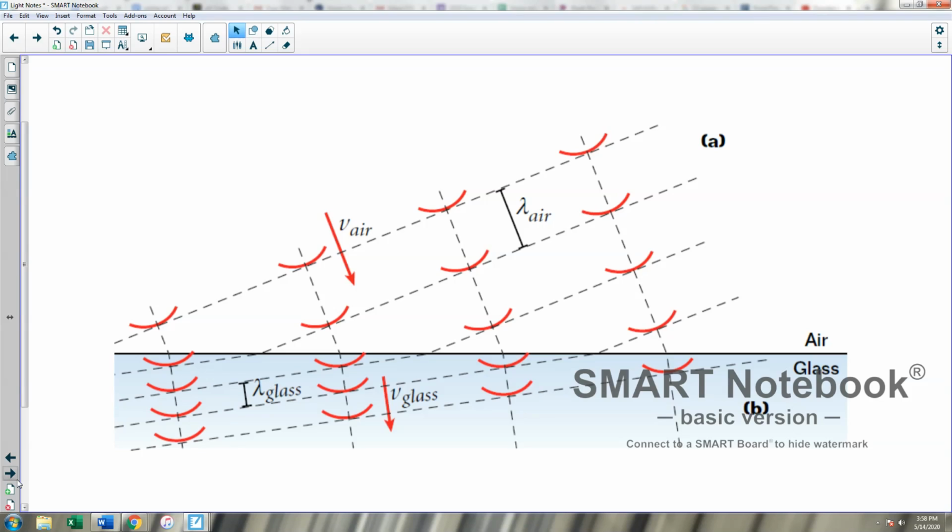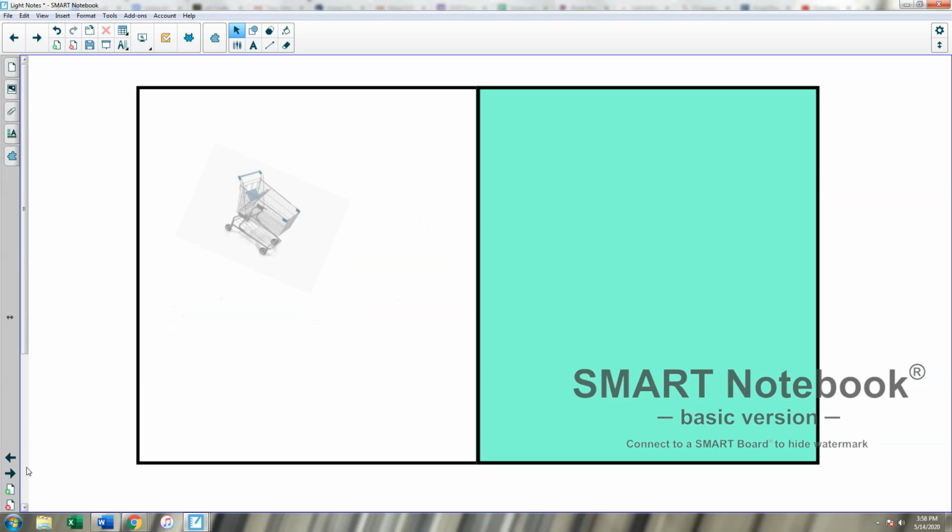I had a physics instructor explain this in terms of a shopping cart. So imagine you have a shopping cart, and I think I've talked about this before. Imagine you had a shopping cart on just a smooth surface, and then you had a rough surface.